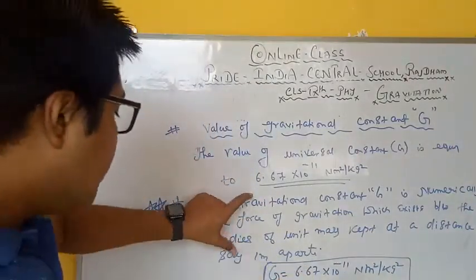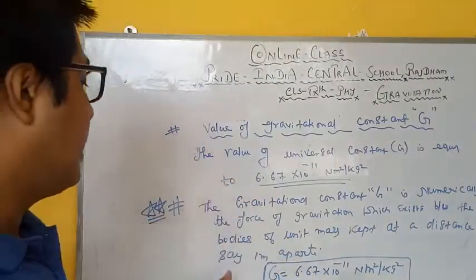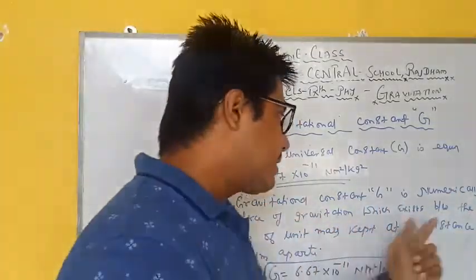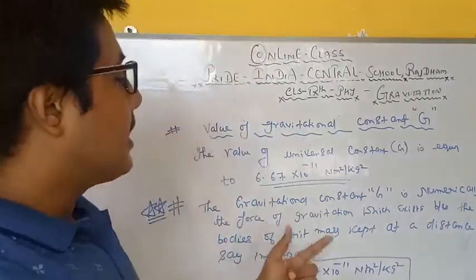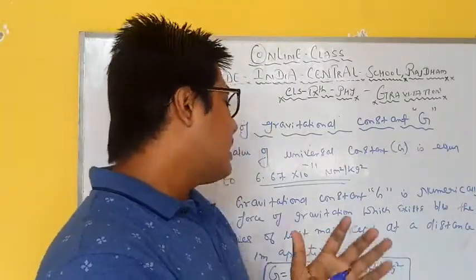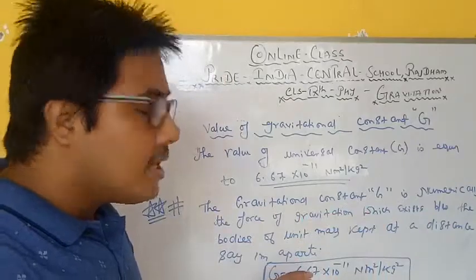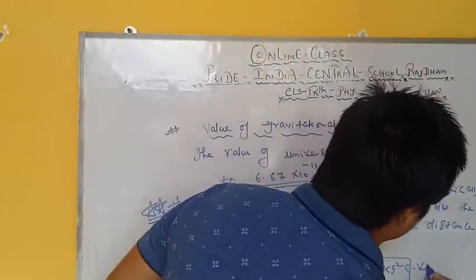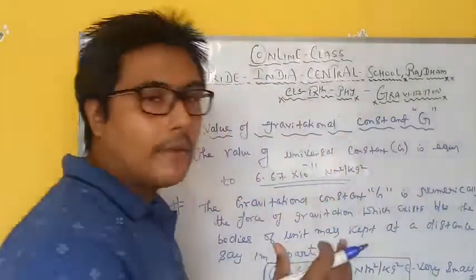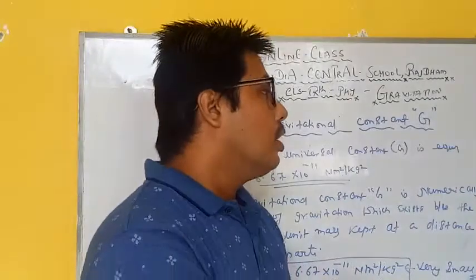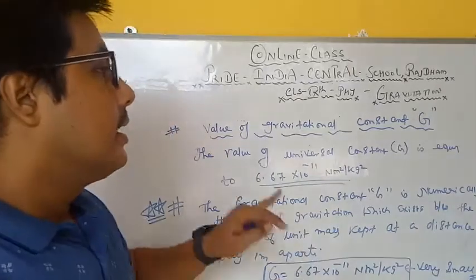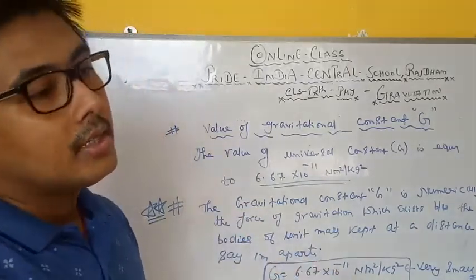This is very important. So by this what can we say? The gravitational constant G is numerically equal to the force of gravitation which exists between any two bodies of unit mass kept at a distance of say 1 meter apart from each other. We can say that since this is an extremely small value, the gravitational constant G tells us that the force of gravitation between any two bodies will be very weak.